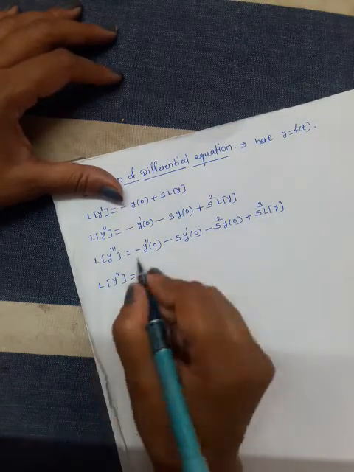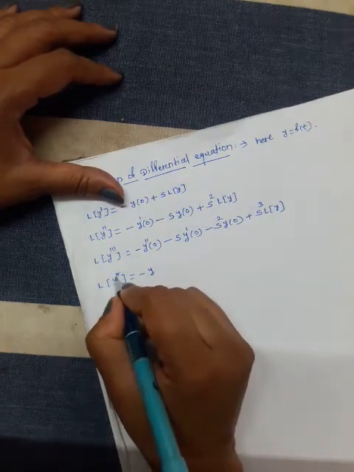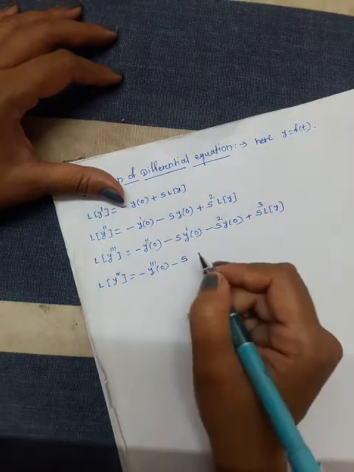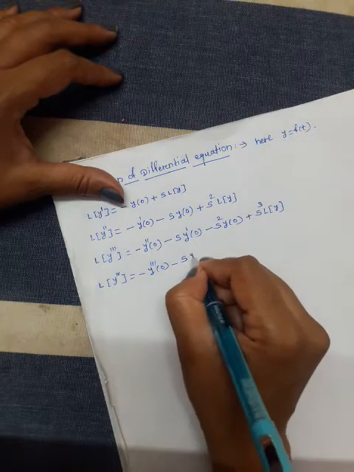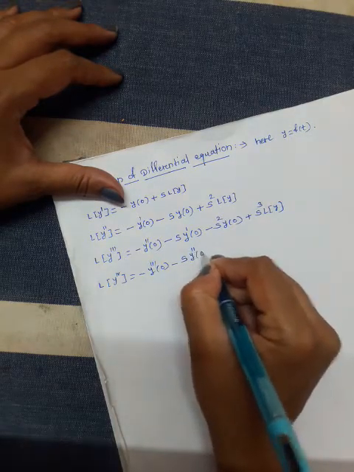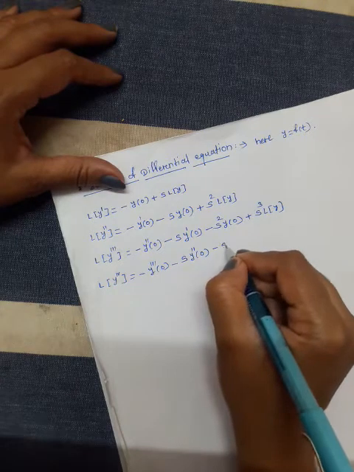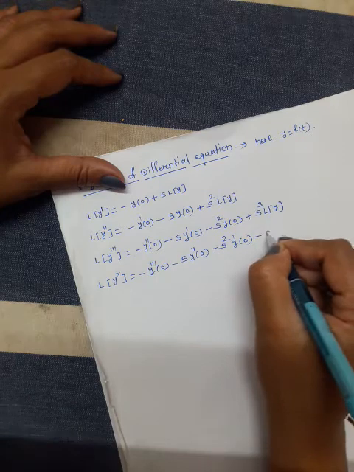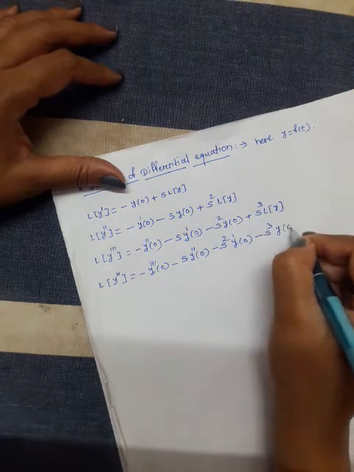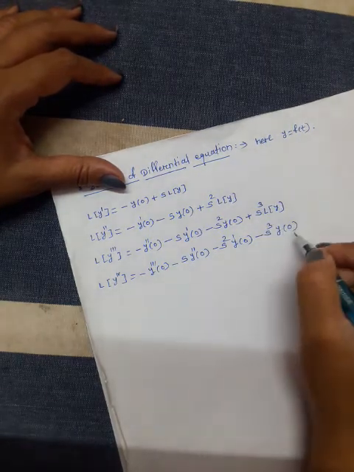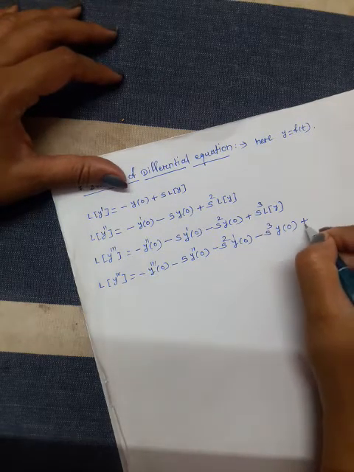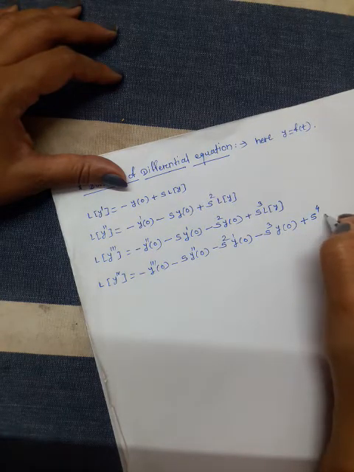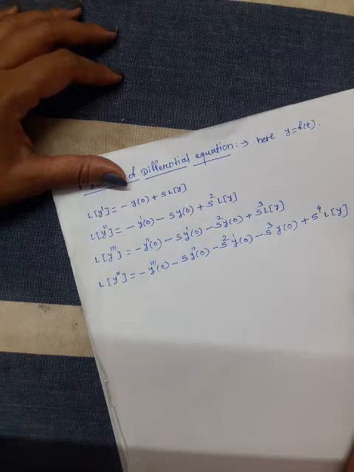Now suppose y of fourth dash is minus y triple dash 0, minus s into y double dash 0, next term minus s square y single dash 0, next term minus s cube y of 0. Once you get y of 0, the next term will be the final term, that is plus s raised to 4, and the last term contains L of y.